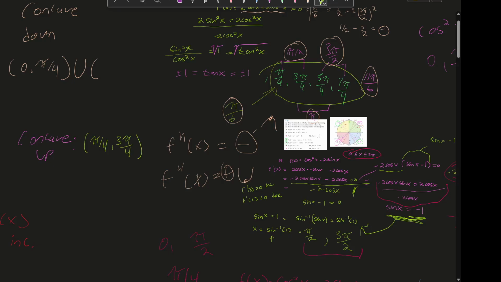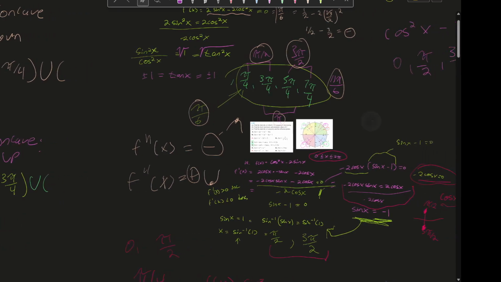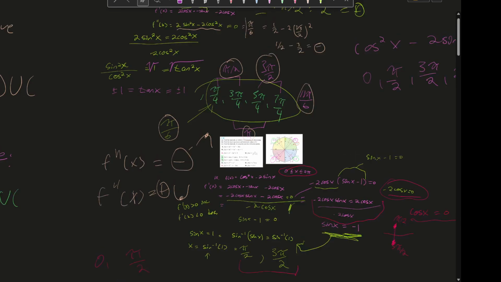Maybe we'll move that right here, because it's going to be in union most likely with some more domains. We've got a couple more to test, and then we're done. The second derivative at pi can be our next one.